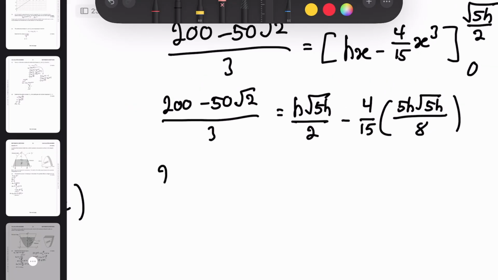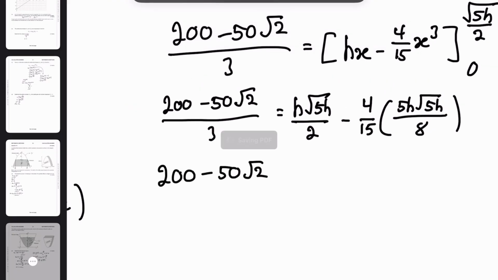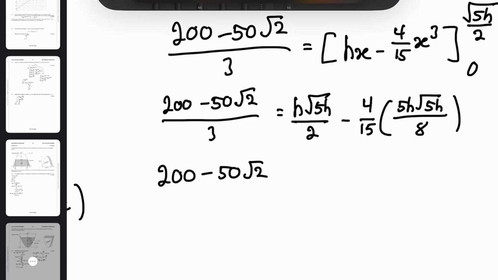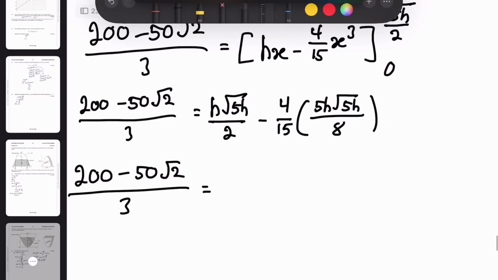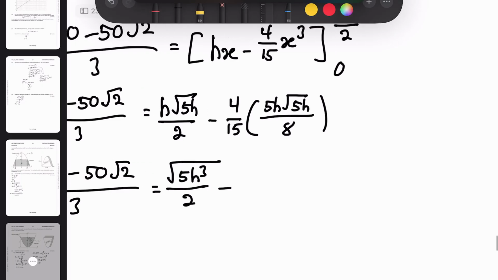Okay, so then from here we have 200 minus 50 square root 2 on 3 going to be equal to 5 square root of 5h to the 3 on 2 minus, if we cancel these out, that's just going to be 1/2 and then a 3 on top, a 3 on the bottom.